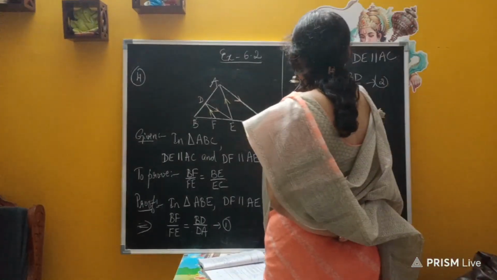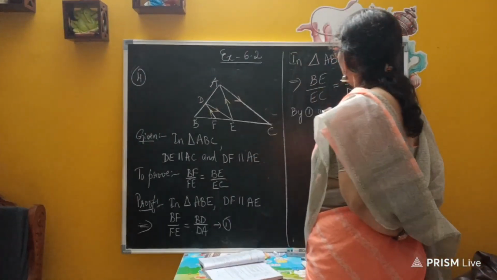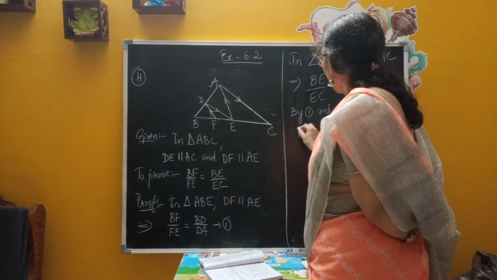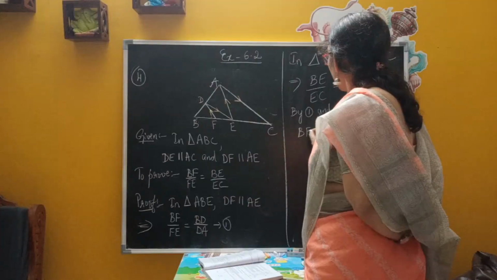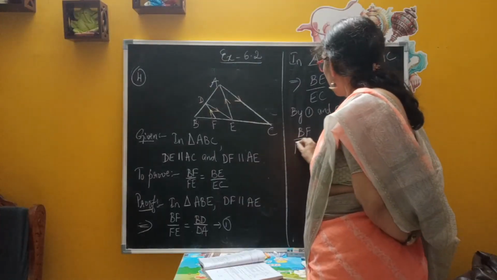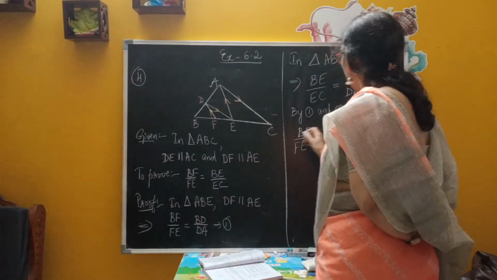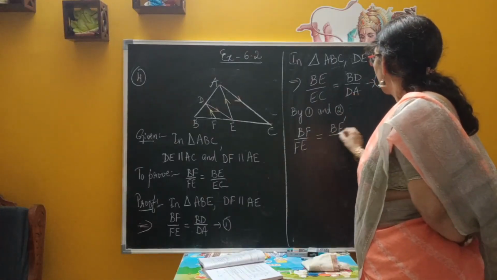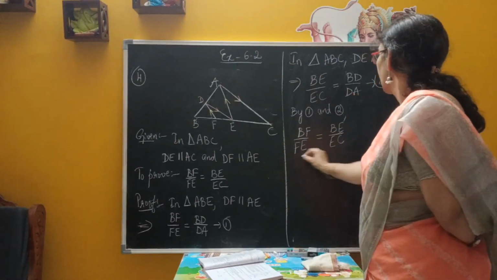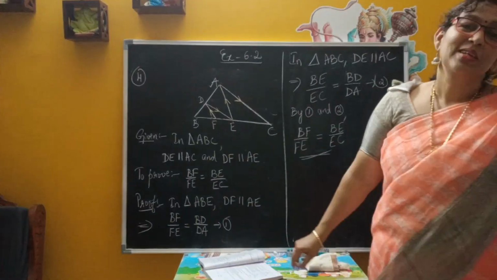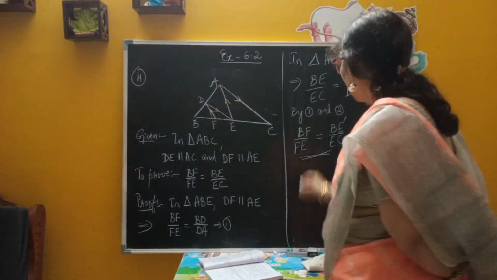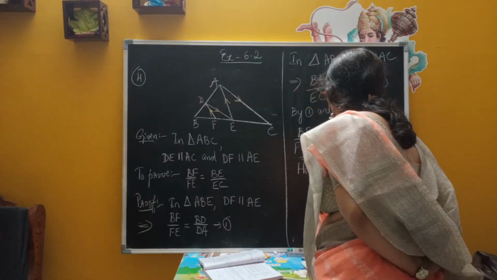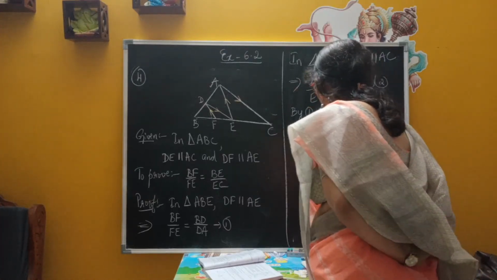By 1 and 2, we can say BF by FE, that is LHS of the first equation, is equal to LHS of the second equation, BE by EC. Very simple. Hence proved.